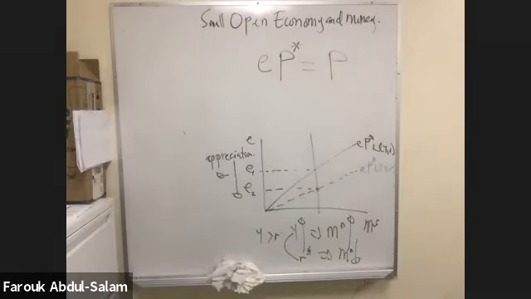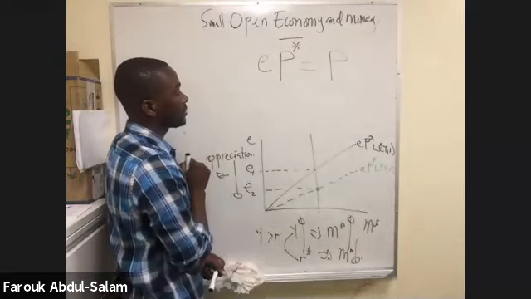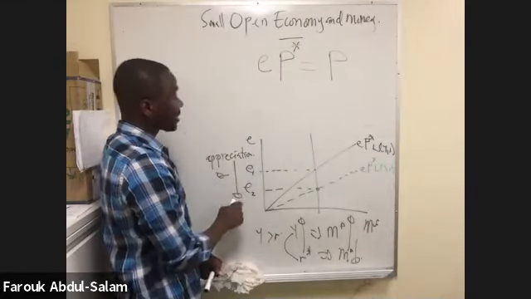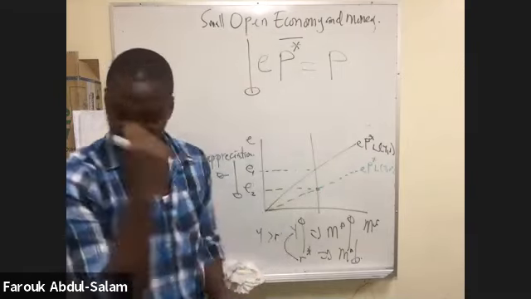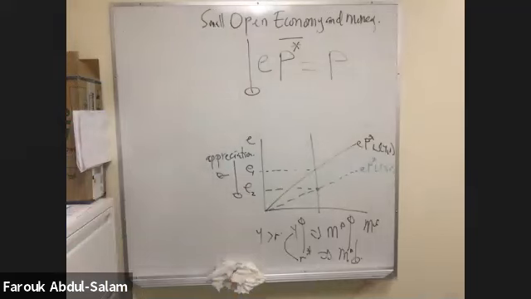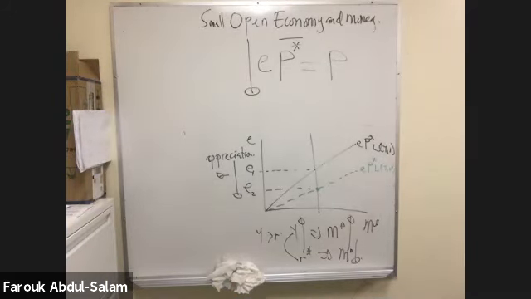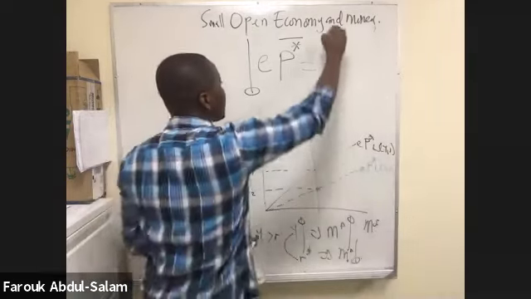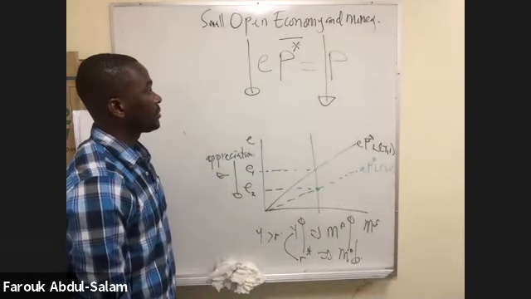Right? So here, P star hasn't changed. This guy is down. What happens to the prices? Anyone to help me? What happens to the prices in the market? Goes down? It goes down. Exactly. It goes down. So we have a reduction in price, right?